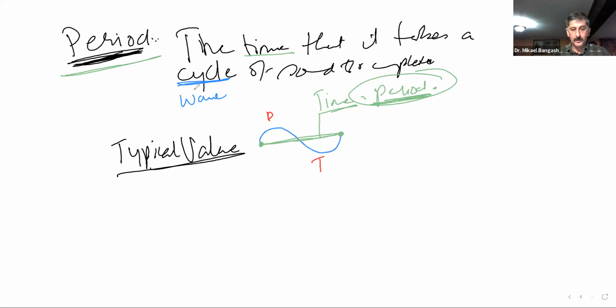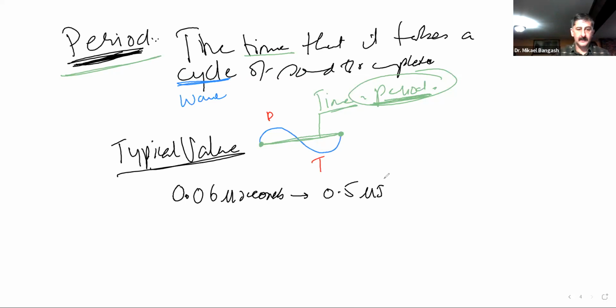So the typical value is going to be from a range: 0.06 microseconds to 0.5 microseconds.